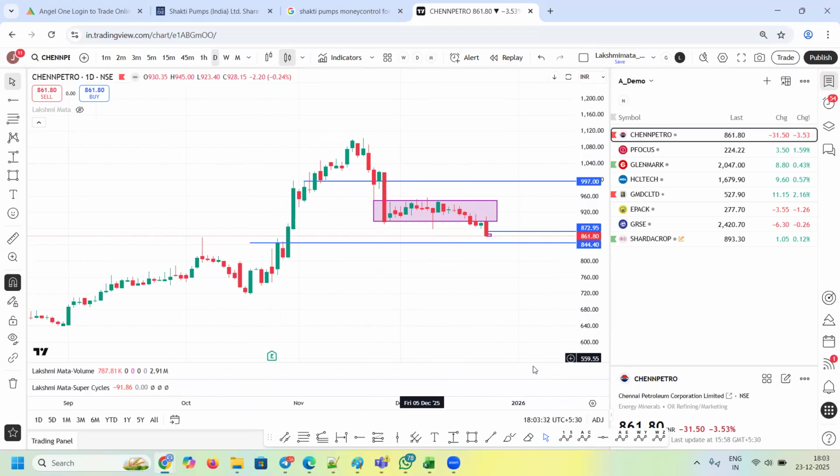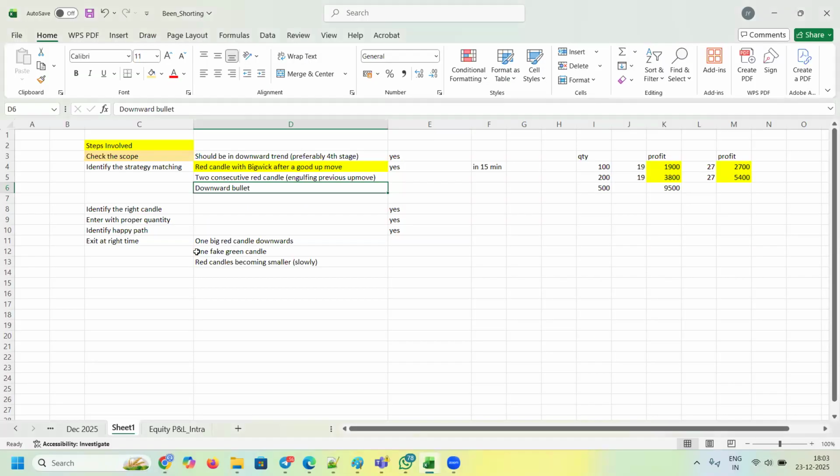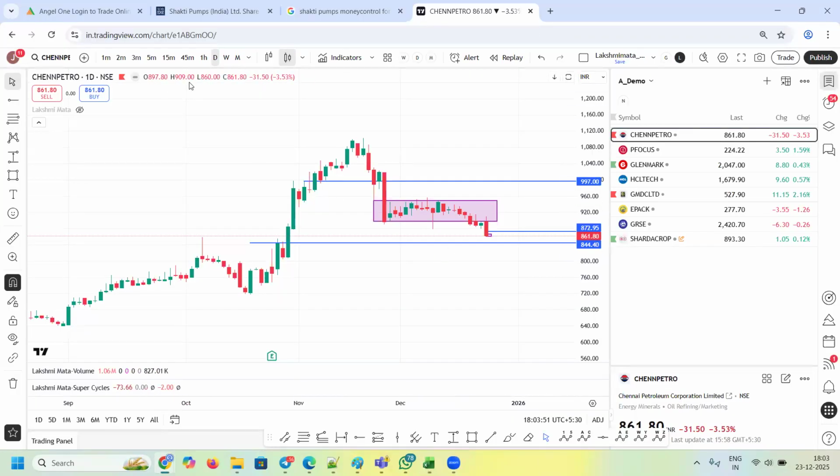Okay. Got it, ma'am. Perfect. Thank you. Yeah. So correct, right? If there is no doubt and these examples are clear, see: one big candle downwards, one fake green candle, red candles becoming smaller. That was also there in our examples, whichever we discussed. Red candles were becoming smaller.